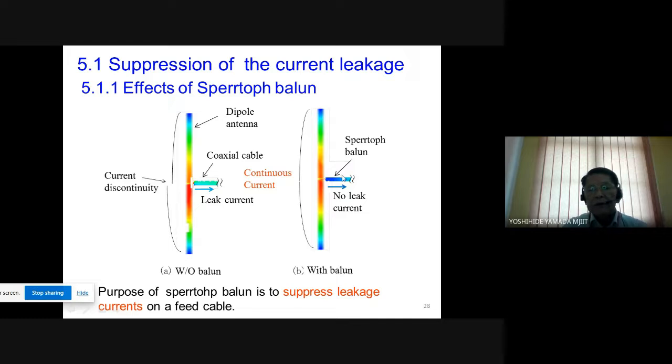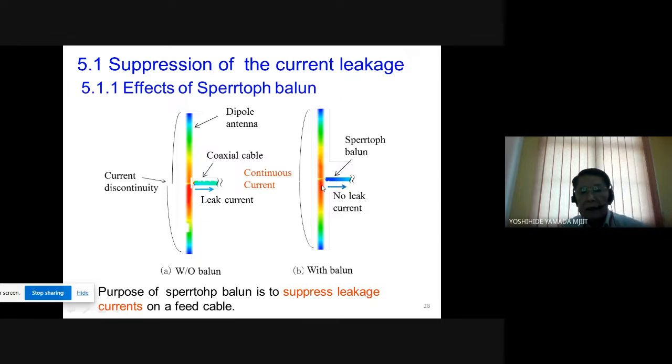However, in the case where a balun is applied to this coaxial cable, the leak current becomes very small. This is light blue, this is dark blue, so the current becomes very small.